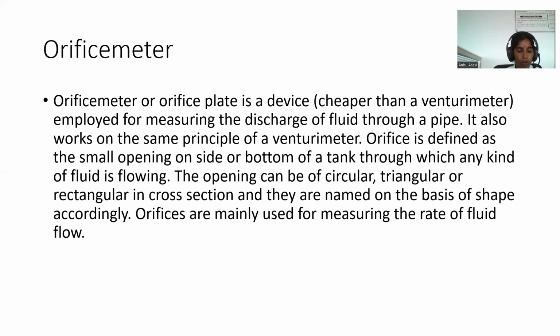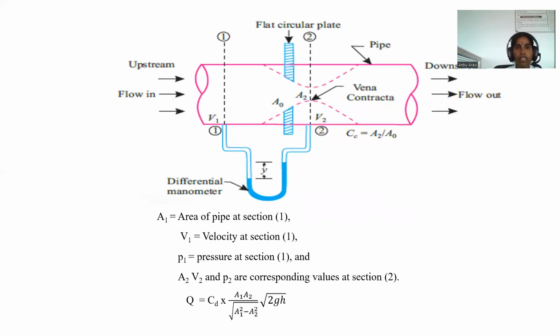The differential manometer is connected at section 1, which is a distance of about 1.5 to 2 times the pipe diameter upstream from the orifice plate, and at section 2, which is at a distance of about half the diameter of the orifice on the downstream side of the plate.